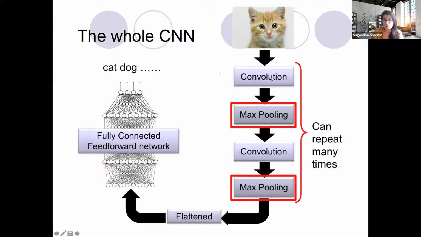You'll have an input image, you'll have a convolutional layer, and then you'll have this max pooling layer, which we haven't talked about, but I will explain what this is. Usually you would have multiple of these convolution and pooling layers. And in the end, you usually flatten the network and pass it through a few fully connected layers, usually just two fully connected layers. I'll also explain how this flattening is done in the next few slides.